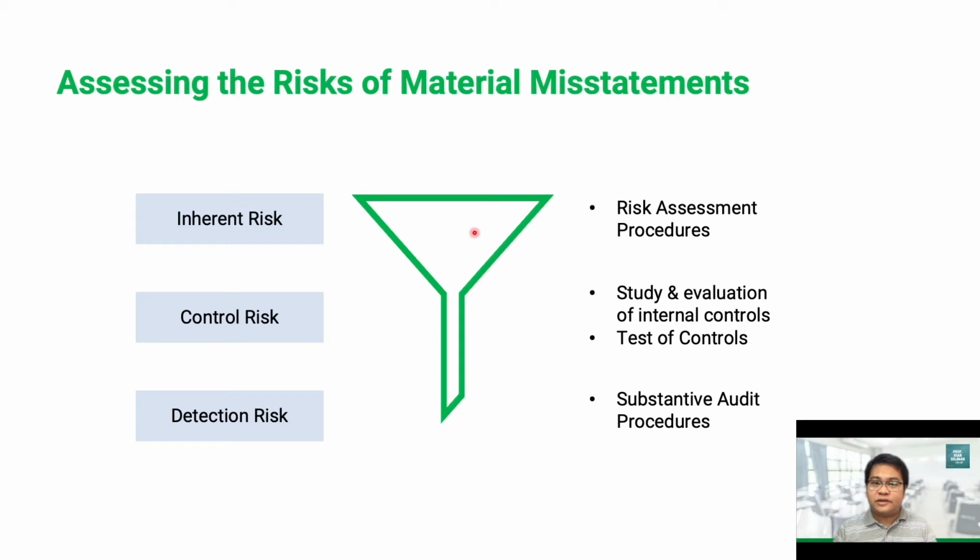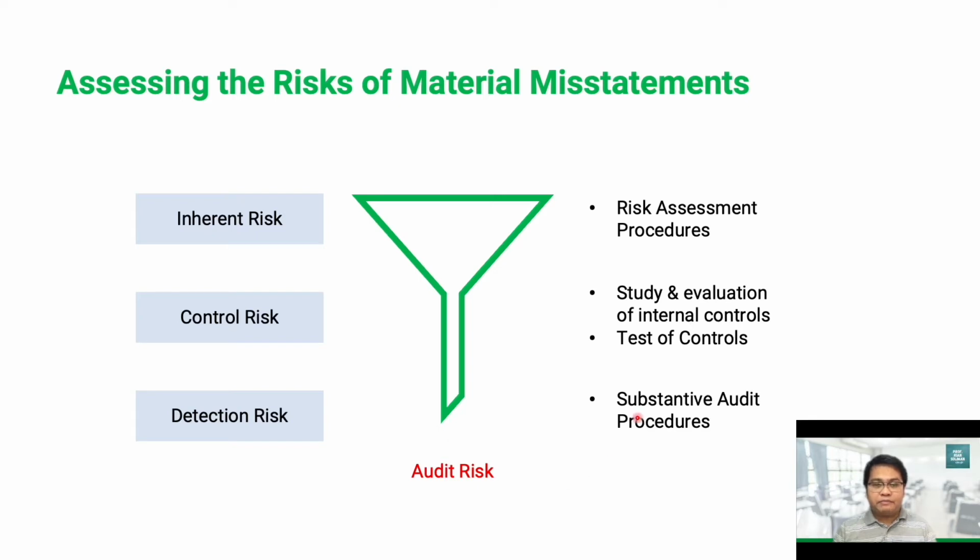That is why the illustration is a funnel or a filter, because there will still be a residual risk that will remain after we have instituted our responses. The residual audit risk is something that we have to be able to accept, at an acceptably low level.